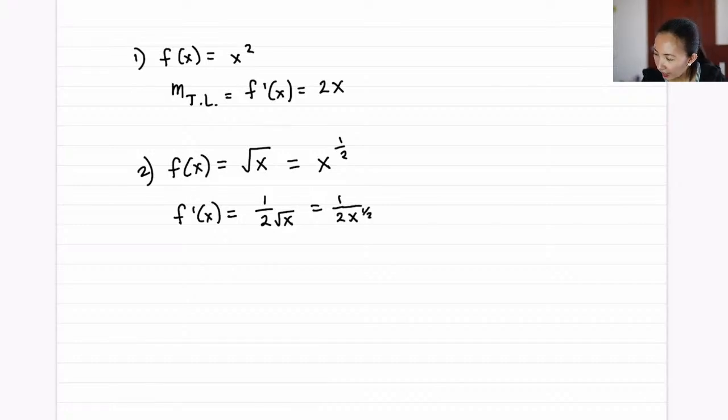Sige nga. Is there another way of writing this? If I write this up, can I just move this up? Kung itataas ko to, ano siya? Magiging 1/2 x raised to what exponent? If I bring this up, if I want to write this in the numerator, is it the same as negative 1/2?